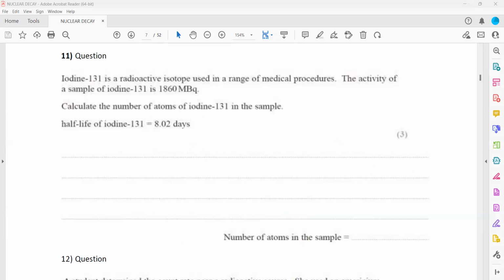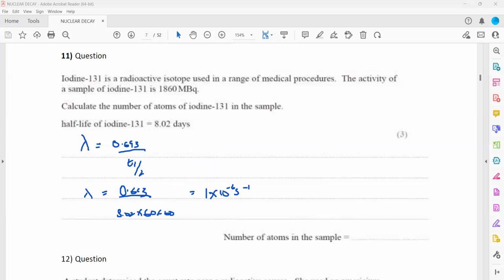So when we work out the value for lambda using this formula, lambda is equal to 0.693 divided by T half, so 0.693 divided by 8.02 into 60 into 60. This will give us the value for lambda, which is 1 into 10 to the power minus 6 second inverse.